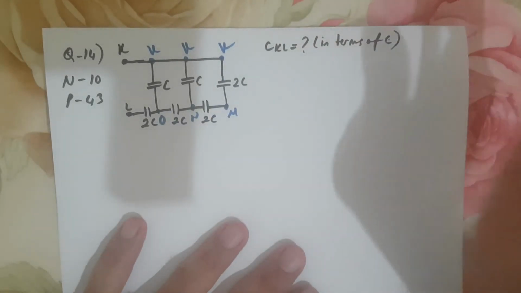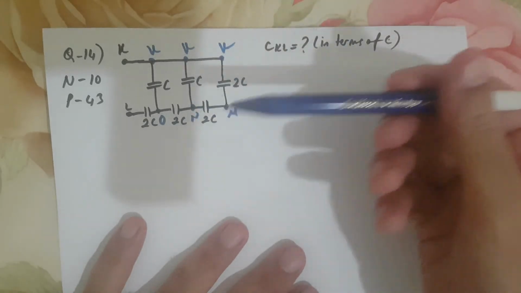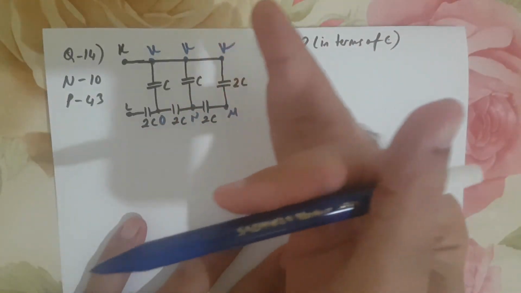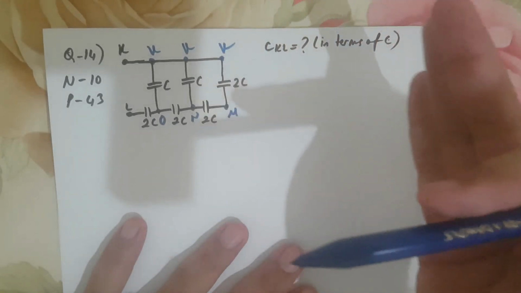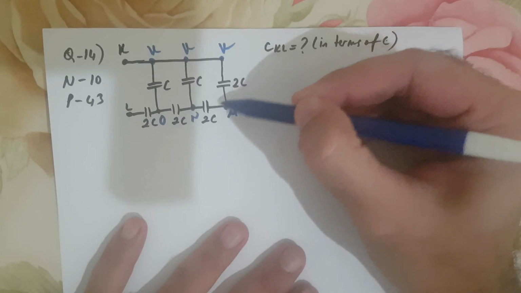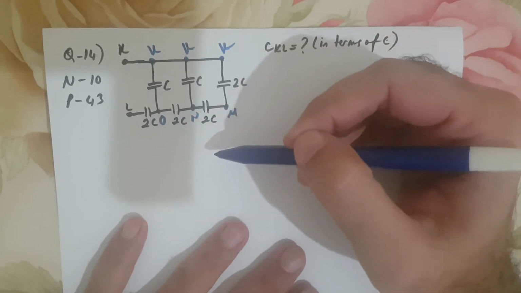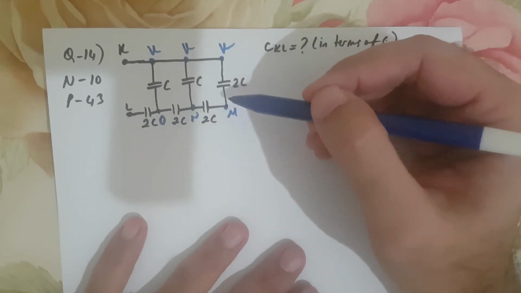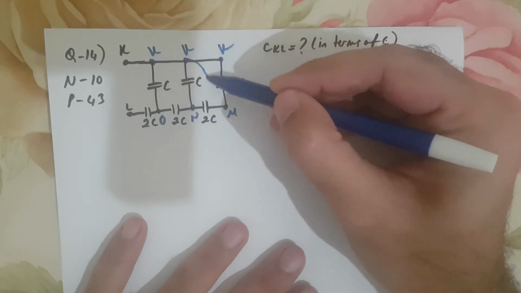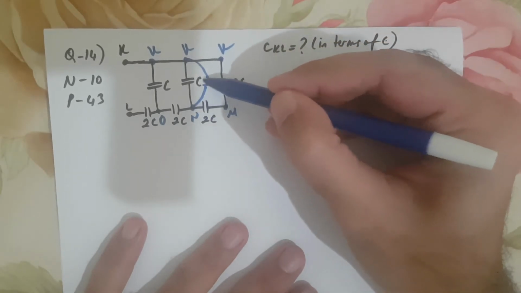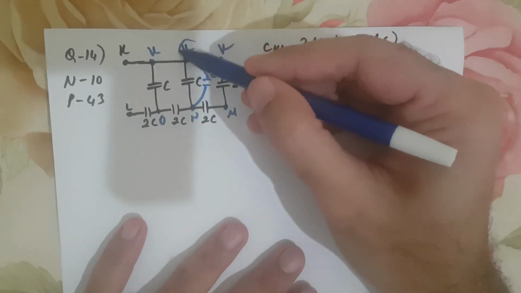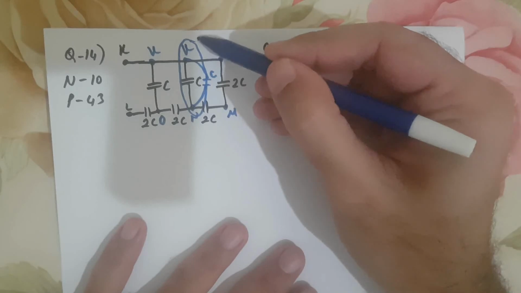Okay, so we are going this way, so I draw the circuit this way. So I take 2C, and then 2C is series combination. So for series combination, 1 over 2, it becomes 1. So C and C becomes parallel, becomes 2C.